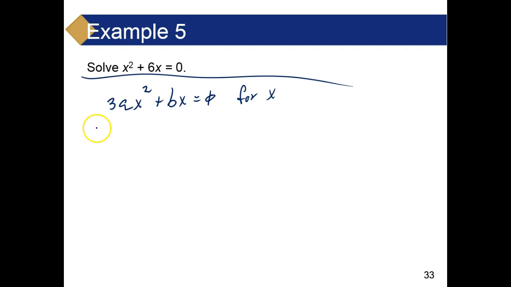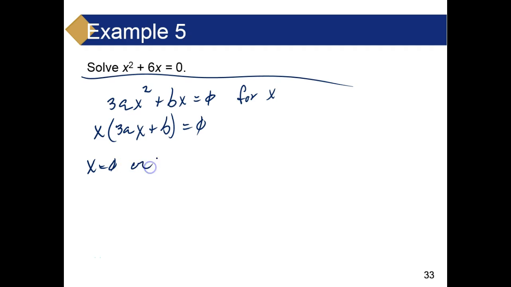Well, let's factor, okay? And what would that give us? x times 3ax plus b. That's equal to 0. Now what? Okay, either x equals 0, you set each of the factors equals 0.